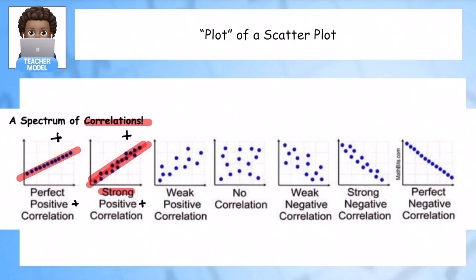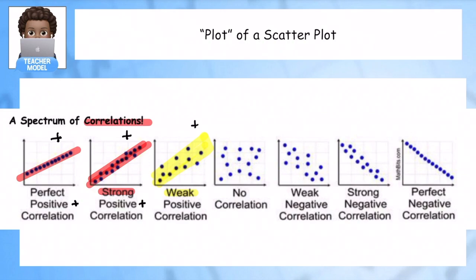Now, in our next one, we have a weak positive correlation, meaning generally our points are moving in this direction, but you can see they're definitely more spread out and more scattered about. So that's what makes this a weaker correlation. But most of our points are still moving up in that general trend. It still looks like it's increasing.